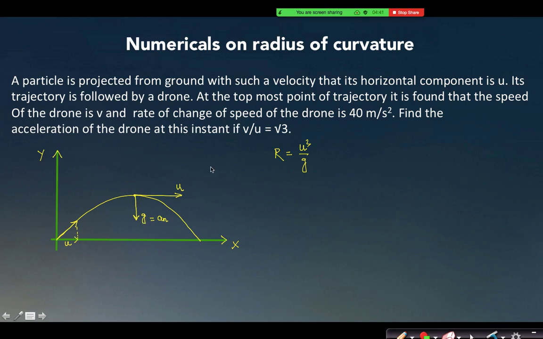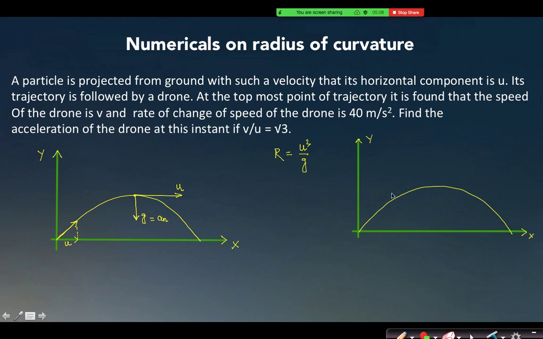Now forget about this particle. Now come to this drone. There is a drone that is following the same path followed by the previous particle, right? So if I draw the same path, this is the x-axis, this is the y-axis, and now there is a drone following this path. I do not know the acceleration of the drone.